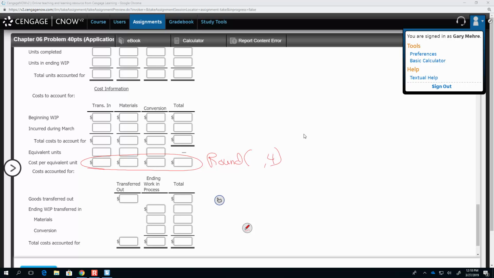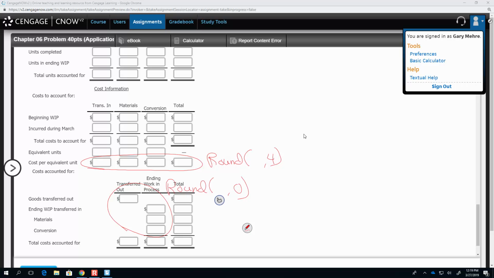That formula has to have the round command to 4 places for the second department. Whoever's doing that, if you're doing both, that's fine. Cost per equivalent unit again, where you're dividing your cost by the equivalent units. Step 3 here, round to 4 places. Down here, round to 0 again. Whole dollars on the dollar amounts transferred out and ending WIP.